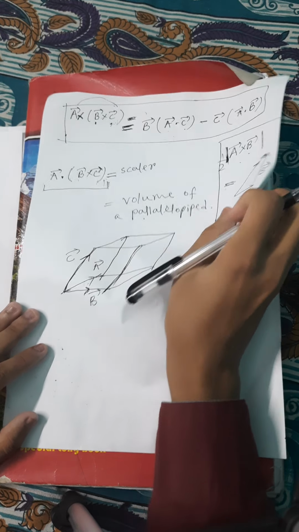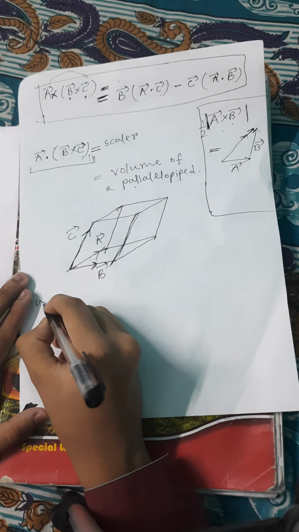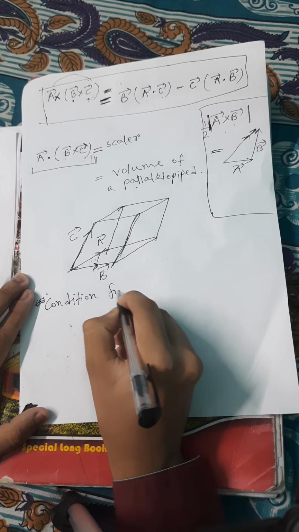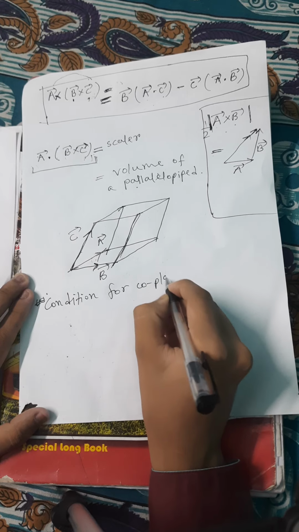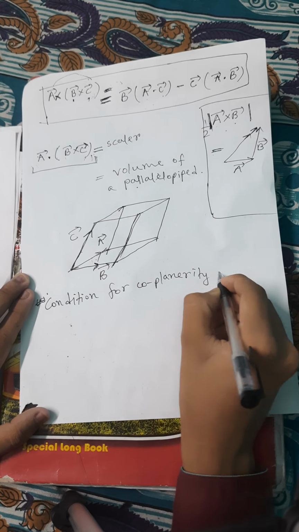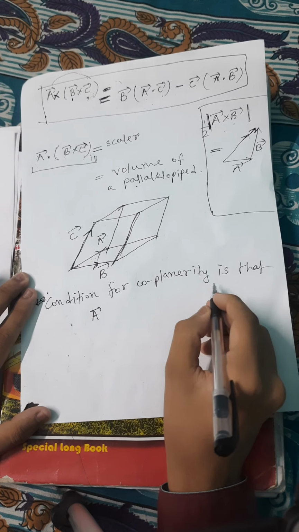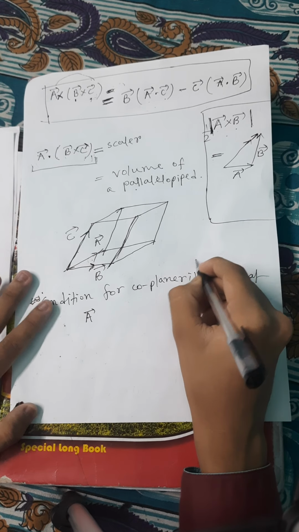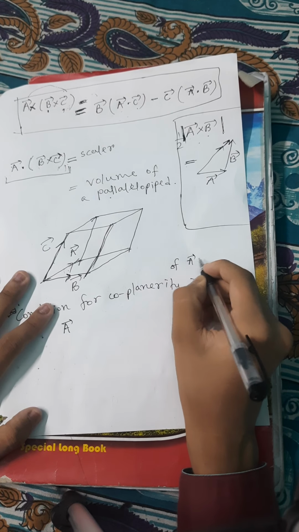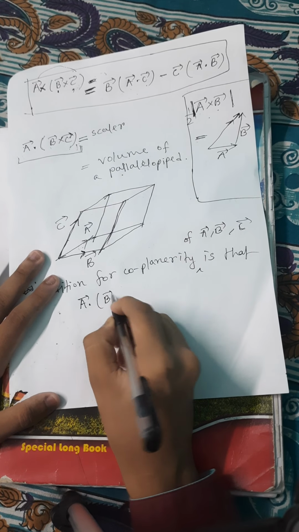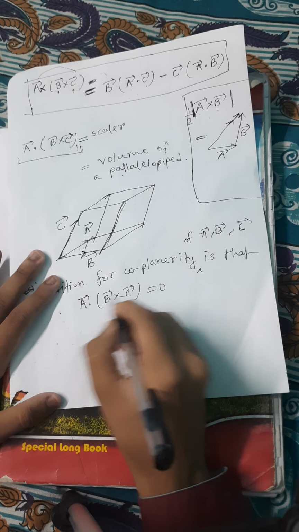This means we can say that the condition for coplanarity of three vectors A, B, C is that A dot B cross C must be 0.